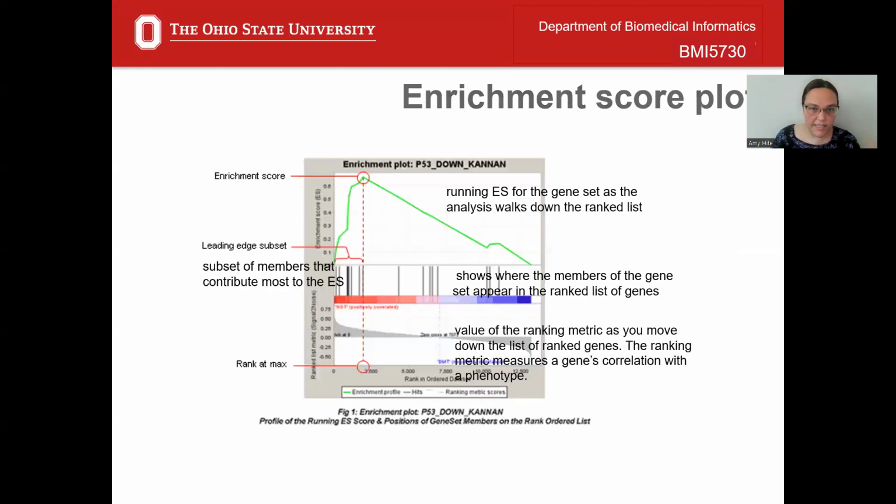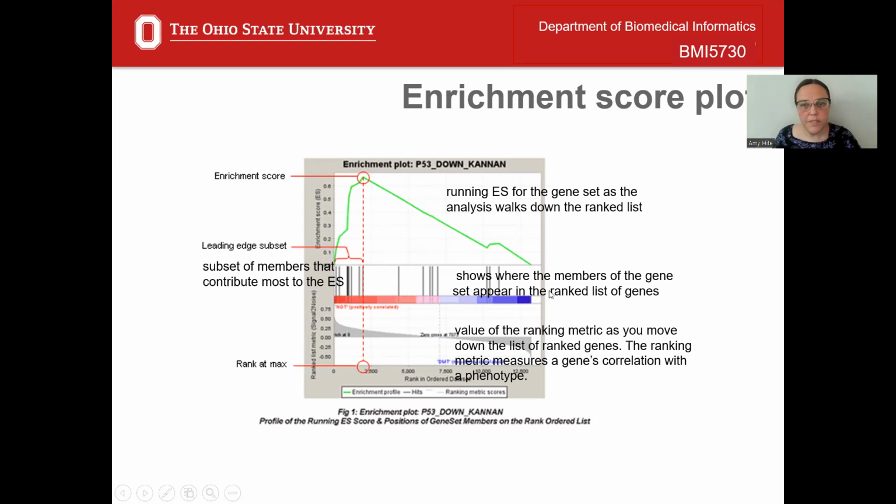And what it does is for every term that you want to test for, it's going to take all of your genes. So this is all of the genes in your data set. And then it's going to overlay some term onto the genes in your data set. The genes in that term are the ones marked with the long black lines.